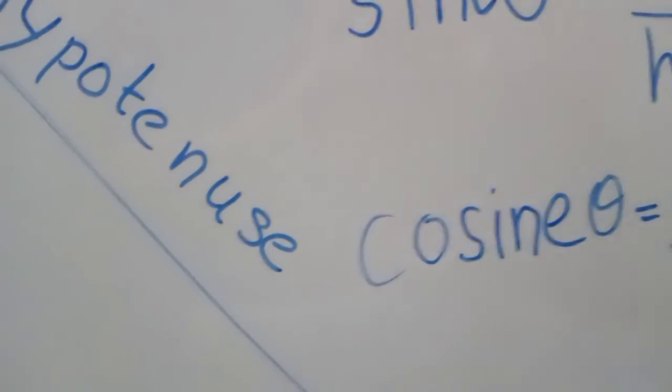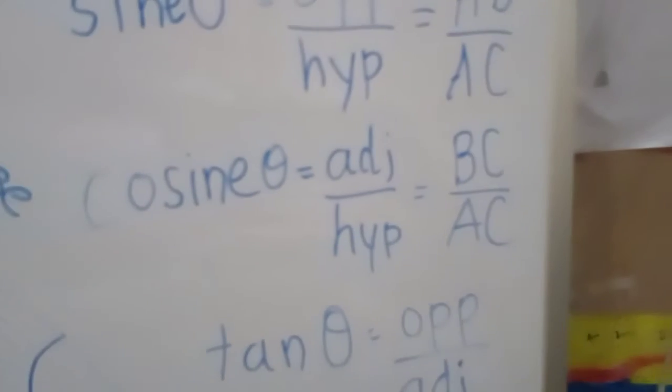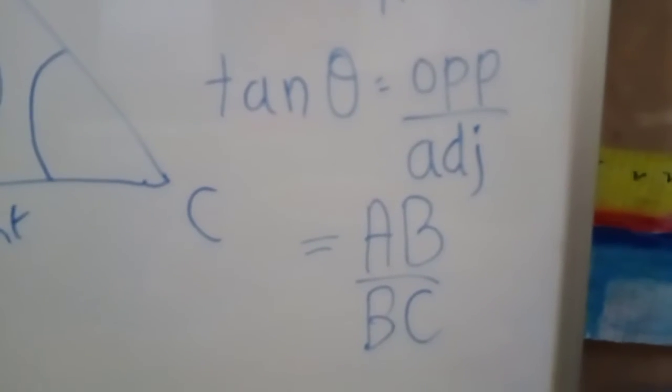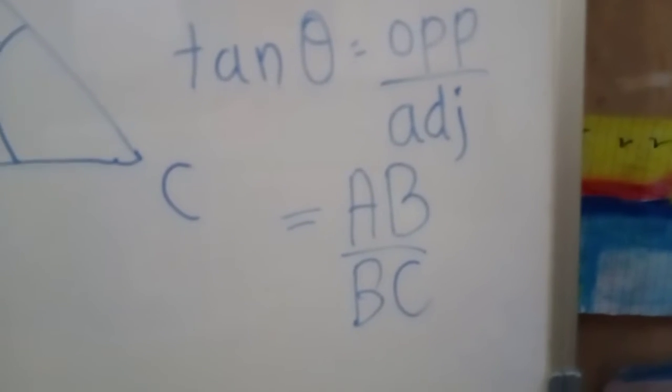Let me write down tan theta. Opposite side by adjacent side, or AB divided by BC. This is how we define tan theta. Tan theta is defined as opposite side by adjacent side, or AB by BC in this triangle.